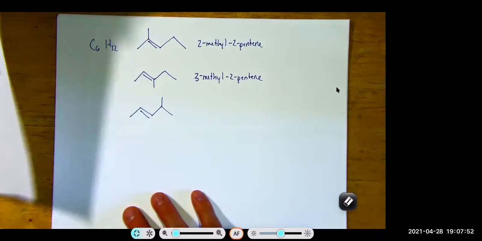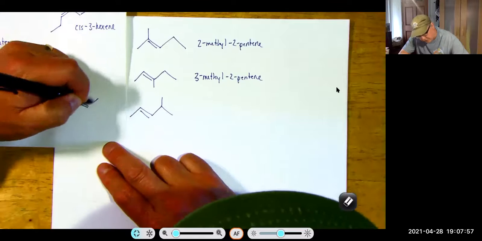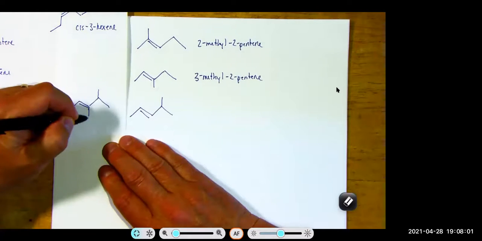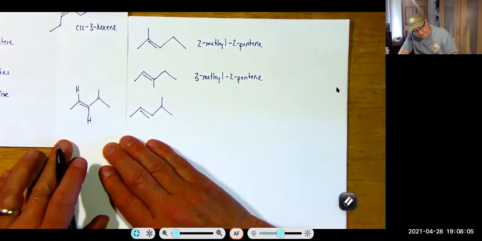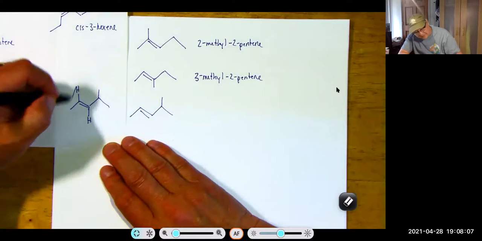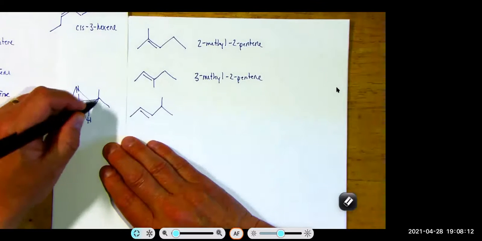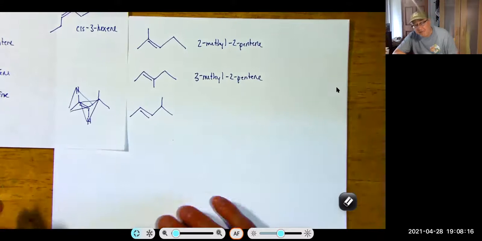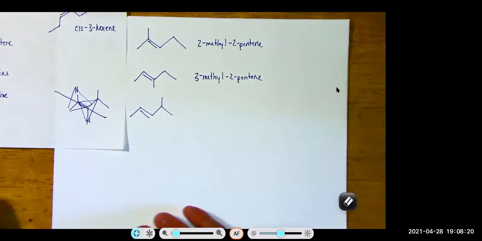Trans. So the way to do it is redraw it so that you're not ruining your original drawing, and put the hydrogens in and make these things look like triangles. Are the hydrogens on the same side or opposite sides when we go through the double bond? Opposite.